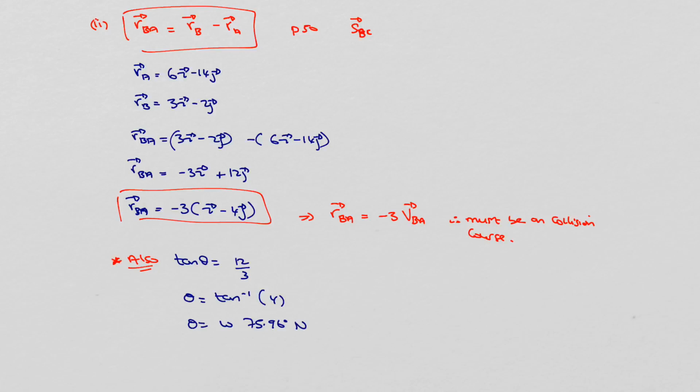So therefore we can see they're definitely on a collision course, because if we're looking at one relative to the other, the direction in which it's heading is east and then south by the same angle, and the position vector is west and then north. So they're exactly the same, heading for each other, and the distance between each other is exactly the same. So therefore they must be on a collision course.